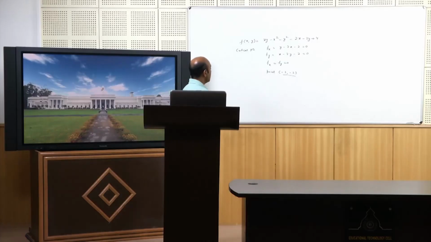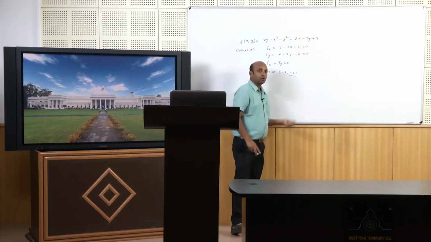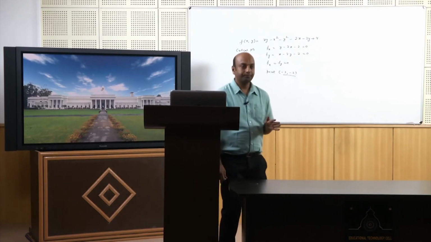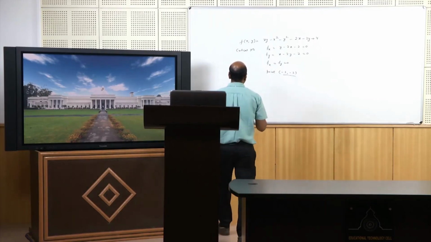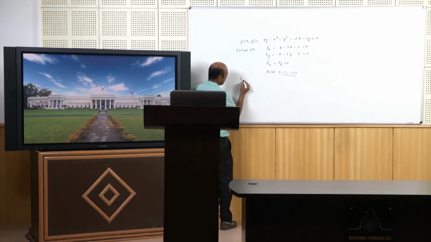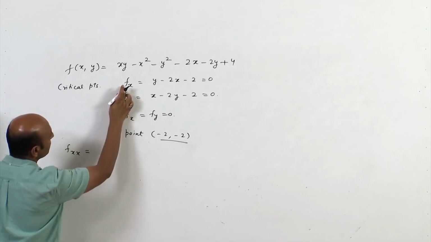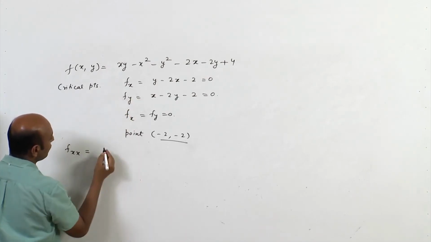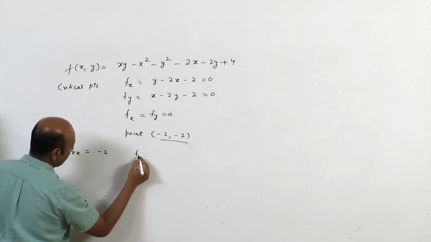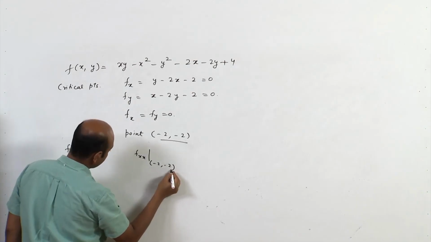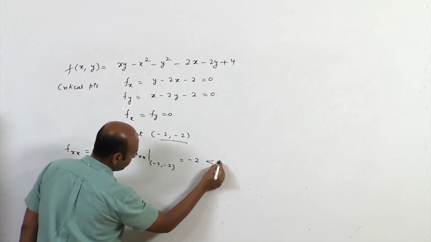Now we have to check whether this point is a point of local maxima, local minima or saddle point. So we first find fxx. What is fxx? Fxx is simply you differentiate partially this again with respect to x, it is -2. So fxx at the point (-2, -2) is -2, which is negative.